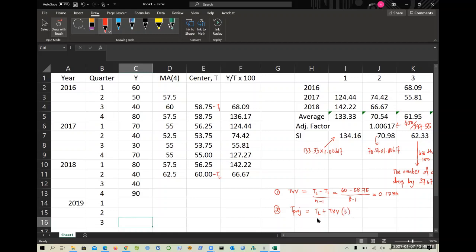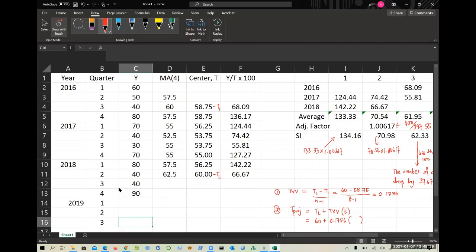So in this case, TL adalah 60 plus TVV is 0.1786, and then the small letter t will be displayed as here. So this is the last trend value.